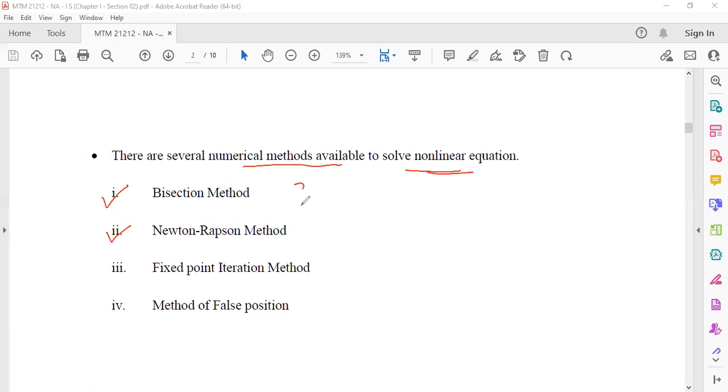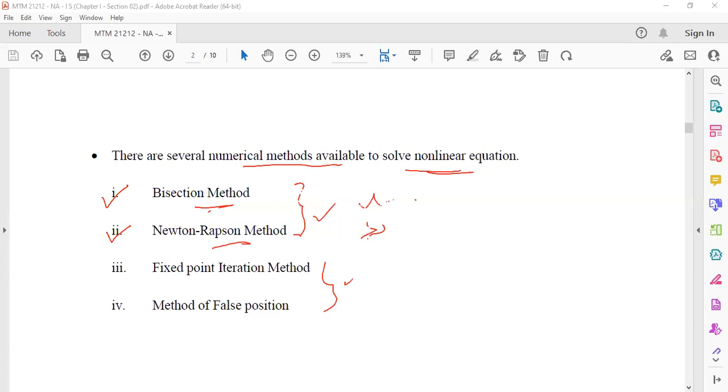Today, hopefully we will finish these two, and we can take the rest in the next class. Let's see one by one how we can use these methods, understand what each method is, and then solve nonlinear equations using it. This is our concept today.